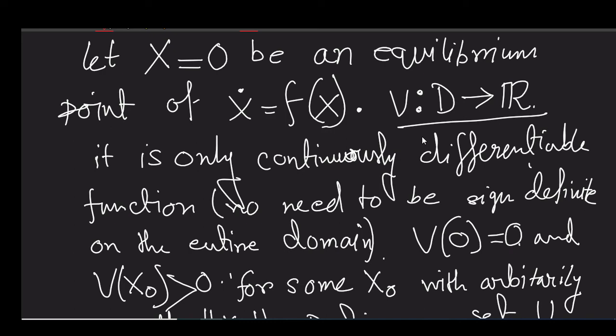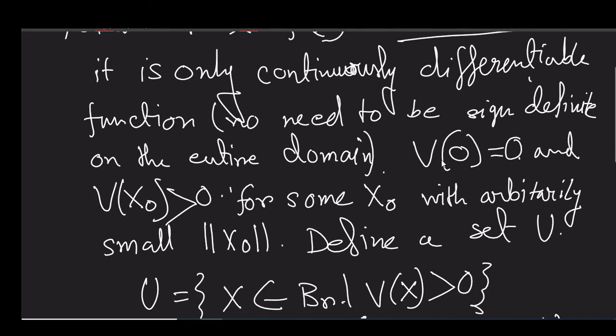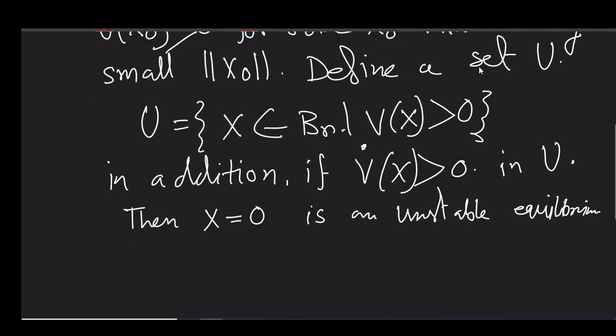As I have written here, there is no need to be sign definite on the entire domain. However, V(0) is equal to 0, and we are assuming an x naught arbitrarily close to the origin for which V(x naught) is greater than 0. Then we define a set U in such a manner that U contains all x belonging to B_r for which V(x) is greater than 0.